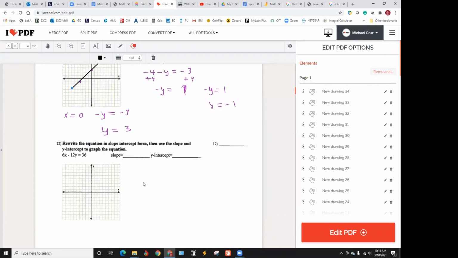All right, so this is why I was telling you that being able to solve for y on one of these type equations, the ones that are in standard form, is important. Because this is how you get it in the y is equal to mx plus b format.